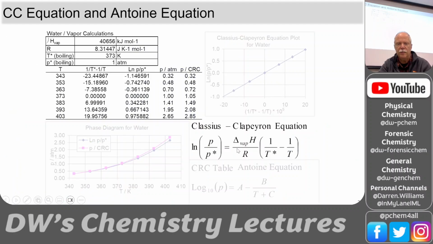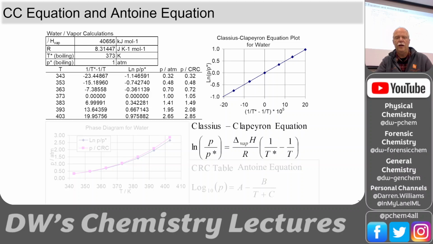And then lastly, let's talk about the Antoine equation. So you might look up a vapor pressure equation in the CRC and see a totally different equation. We're talking about the Clausius-Clapeyron equation, and it gives you a very good plot. Here's the plot for water. And then here's the Antoine equation. And so you would find these A, B, and C constants.